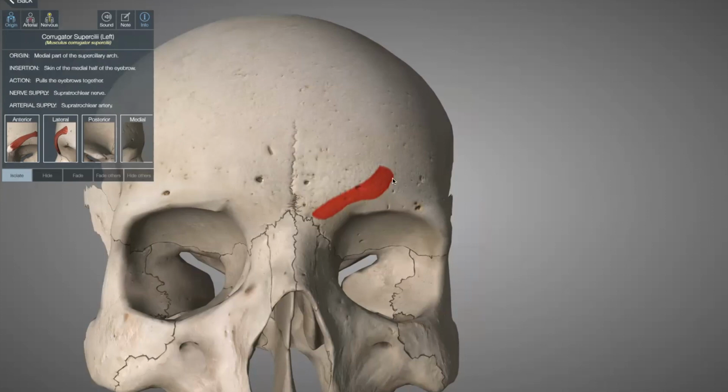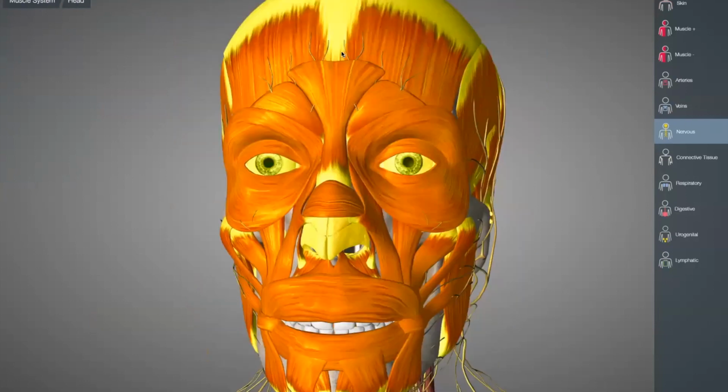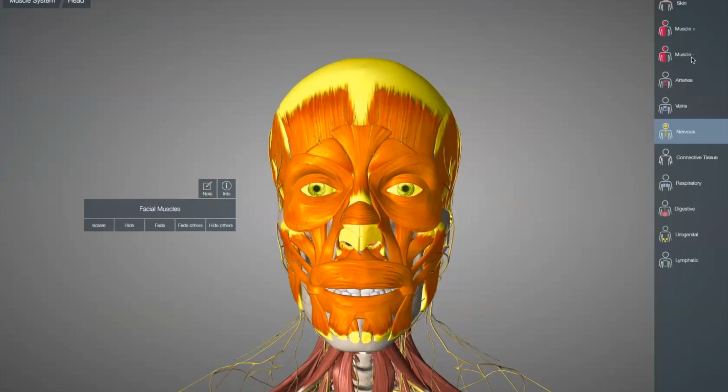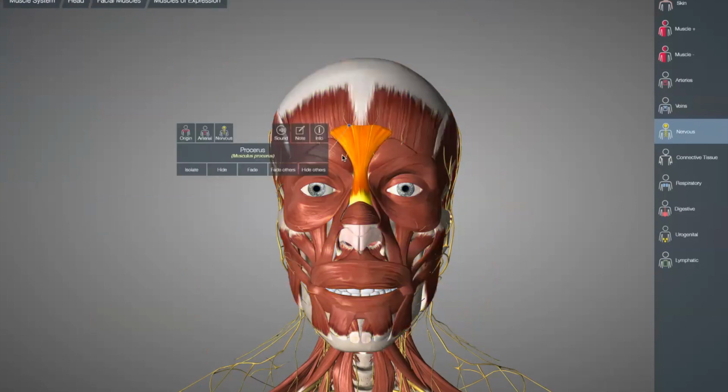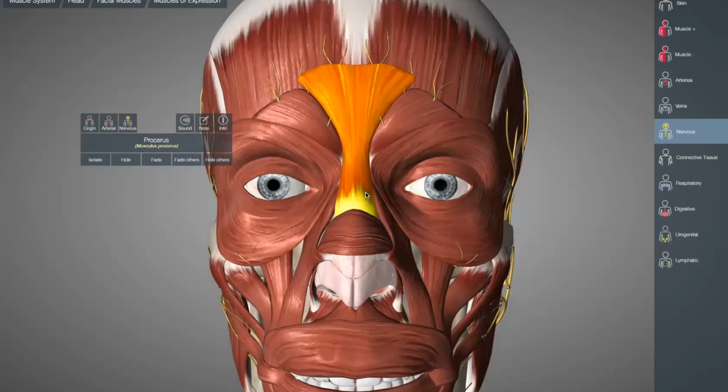Now, these are the muscles that are in the orbit. Next, we're going to move on to the nasal group. Procerus is nasal. Procerus is the first muscle we're going to discuss.